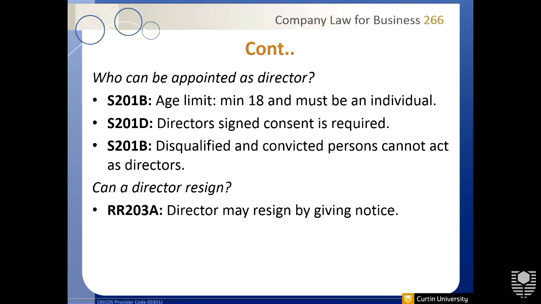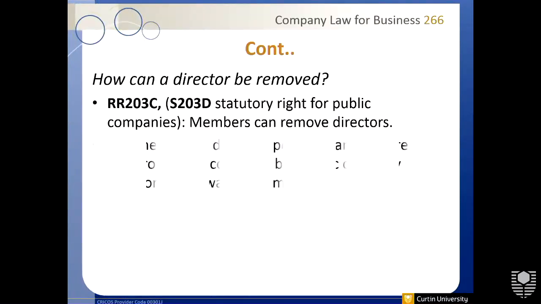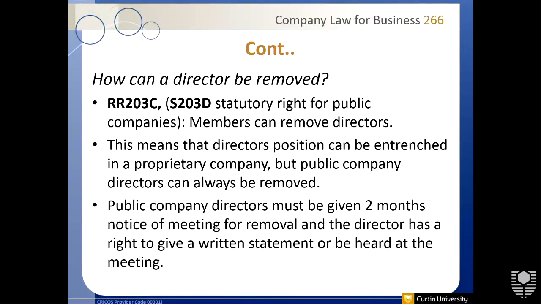Can a director resign? Of course he can resign. Section 203A. I think we have looked at this, so I'm not going to explain sections 203C and 203D. Are we okay? Okay, good. I can only see one head saying that, so you'll be representing everyone, proxy.